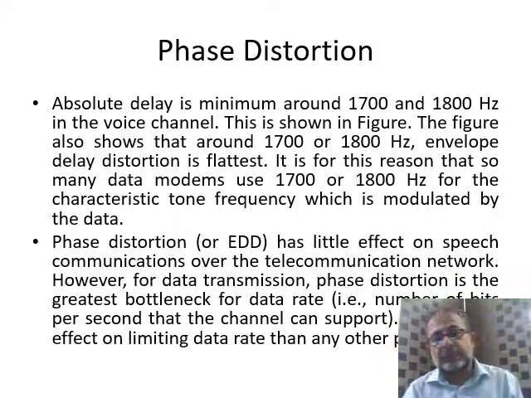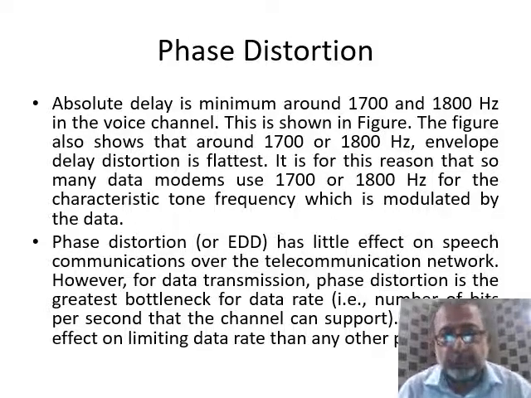Now the absolute delay is minimum around 1700 and 1800 hertz. The figure also shows that around 1700 or 1800 hertz, the envelope delay distortion is flattest, and that is why the data modems use 1700 or 1800 hertz for characteristic tone frequency, which is modulated by the data.